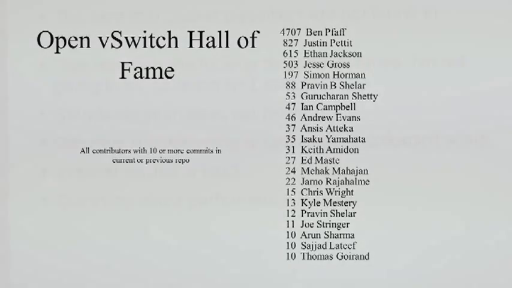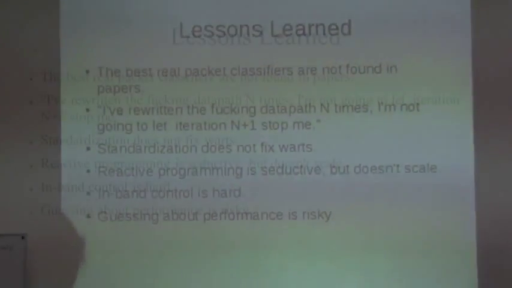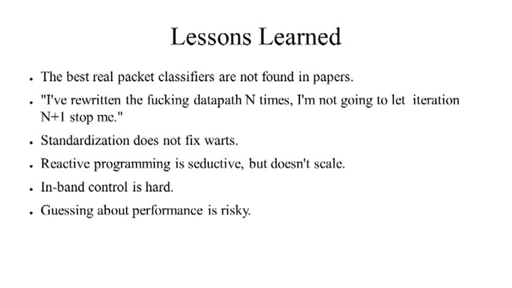So this is sort of a summary of some of the things that I feel like I've really learned from vSwitch development over the years. When we started Nicira, it was really clear that efficient packet classification was going to be very important. And by packet classification, I mean that if you've got a packet and you've got an OpenFlow flow table, what's the best match in the OpenFlow flow table?